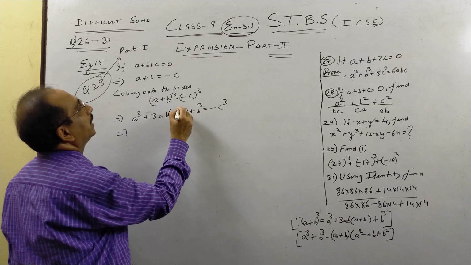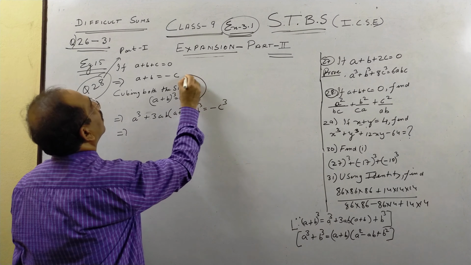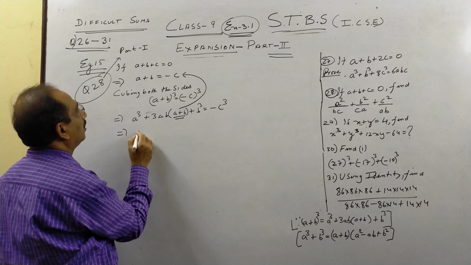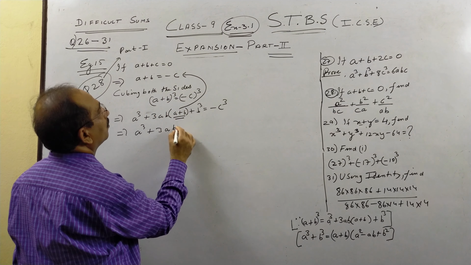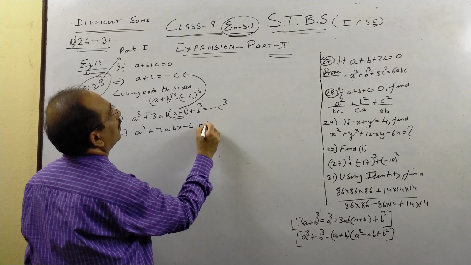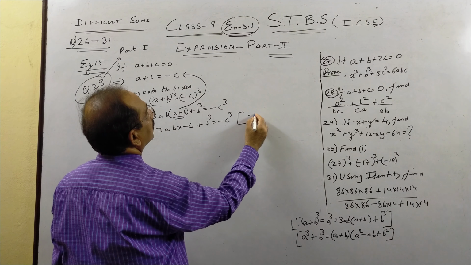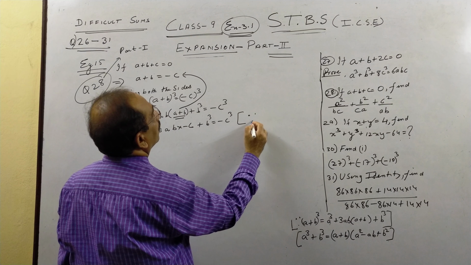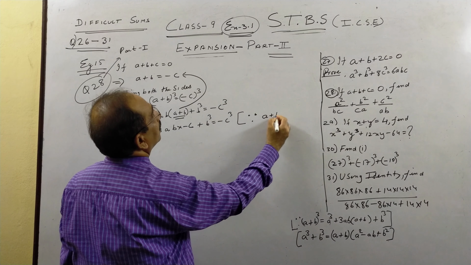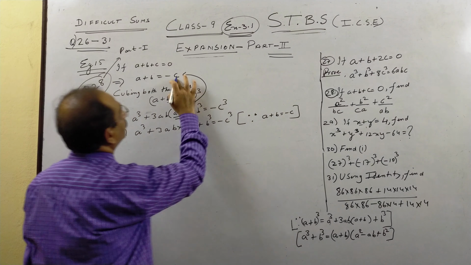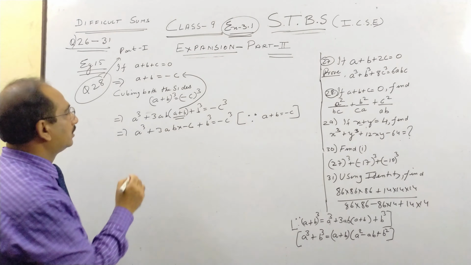Now here, most important, in place of a plus b we will put minus c. So here also children you write, since a plus b is equal to minus c. This is one of the most important steps.